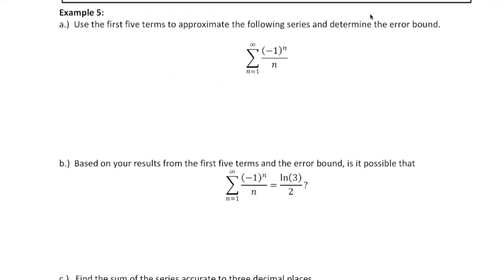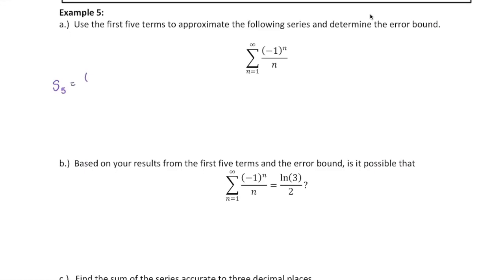It says use the first 5 terms to approximate the series and determine the error bound. So the first thing that we are going to have to do is look at those first 5 terms so that we can find the 5th partial sum. So we're going to start by finding S5.